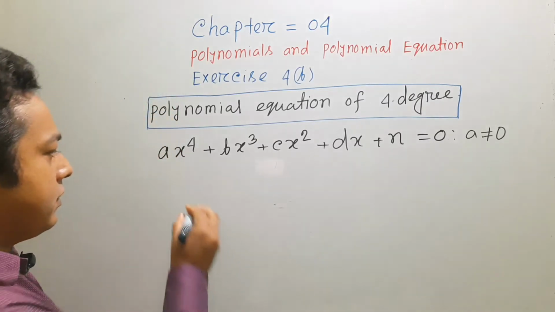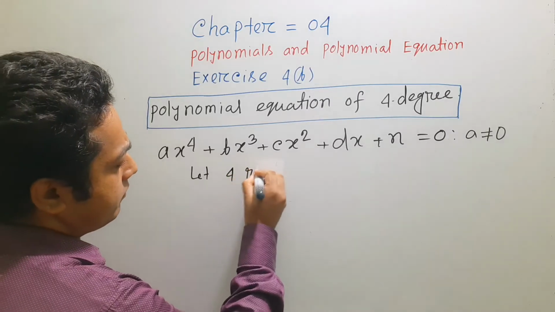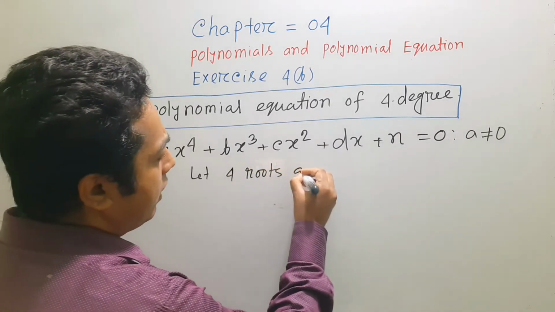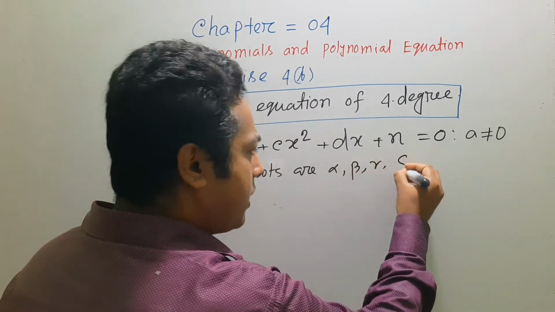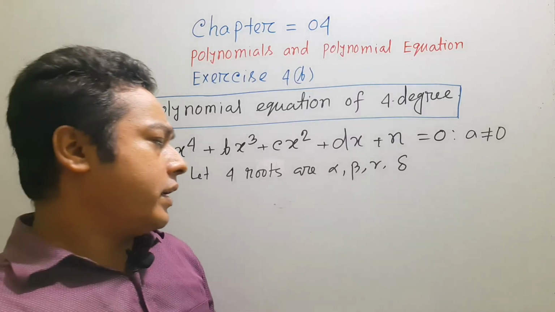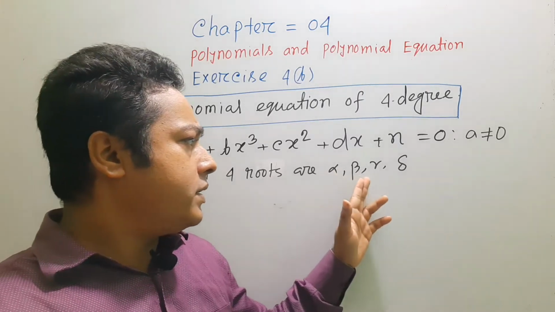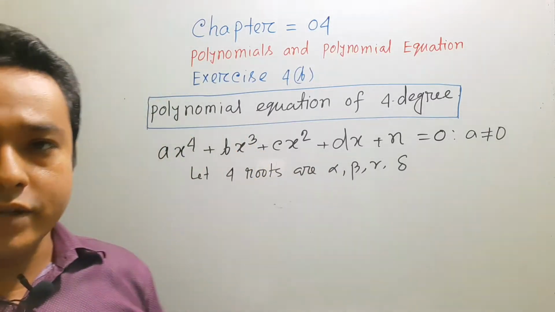Let's say the 4 roots are alpha, beta, gamma and delta. So we can say alpha, beta, gamma and delta are the 4 roots of the above polynomial equation.